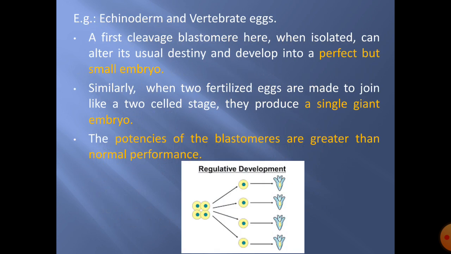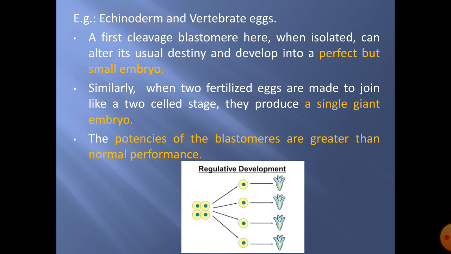Best example for this: echinoderm and vertebrate eggs. A first cleavage blastomere here, if isolated, can alter its usual destiny and develop into a complete, viable larva, but the size will be small; the embryo will be small.